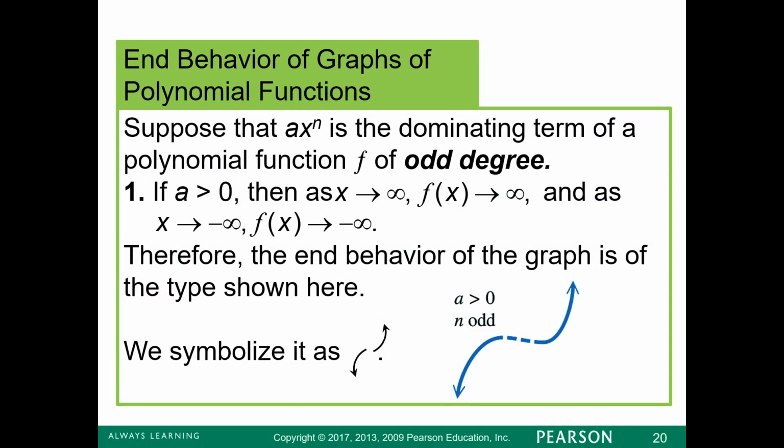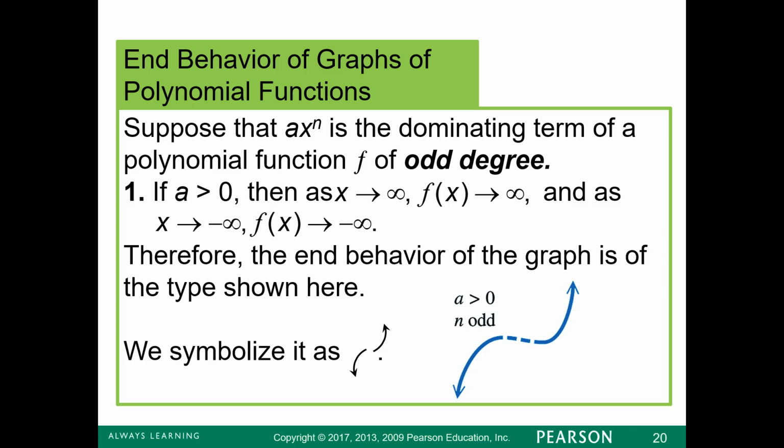Now, let's say there's a whole bunch of terms, and your dominating term is ax to the power n, like negative x cubed.